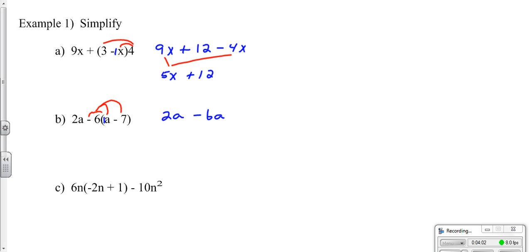So negative 6 times a is negative 6a. If we take negative 6 times negative 7, notice that's a negative times a negative, which makes that a positive 42. Alright, now we do have like terms here, so if I put those two together, I would have 2a minus 6a. So 2 minus 6 is negative 4a plus 42.